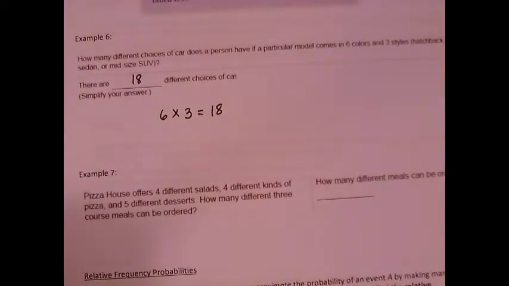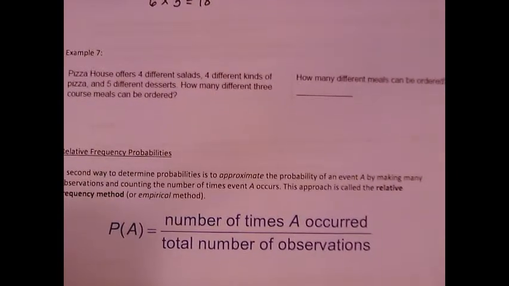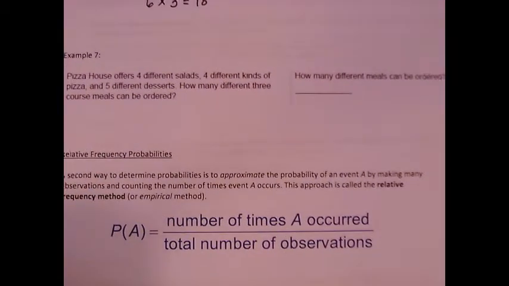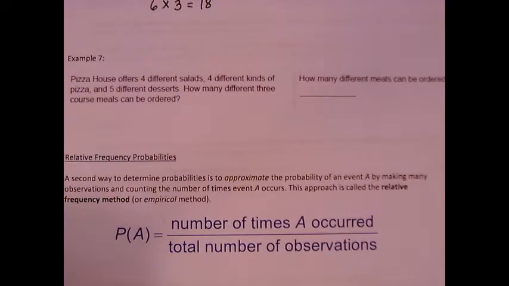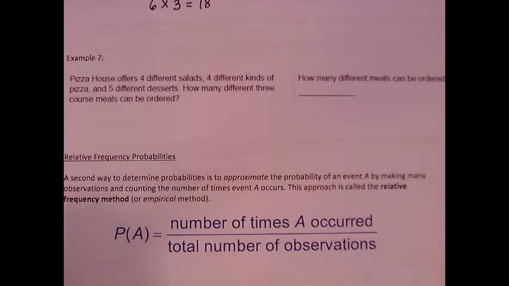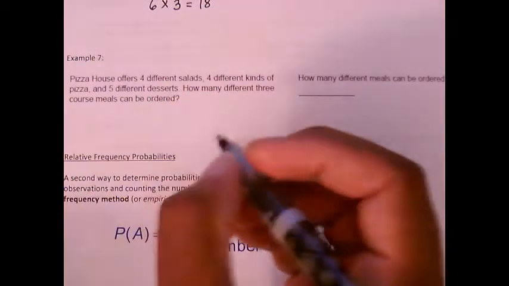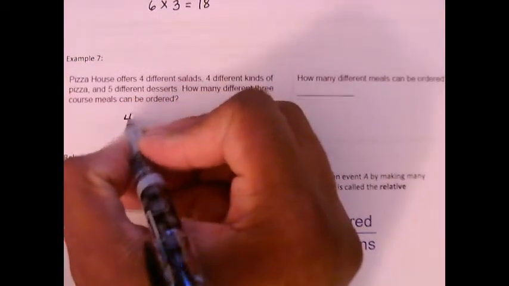Okay. All right, here's another example of the multiplication principle. Pizza House offers 4 different salads, 4 different kinds of pizza, and 5 different desserts. How many different 3-course meals can be ordered? Well, we have 4 different salads.